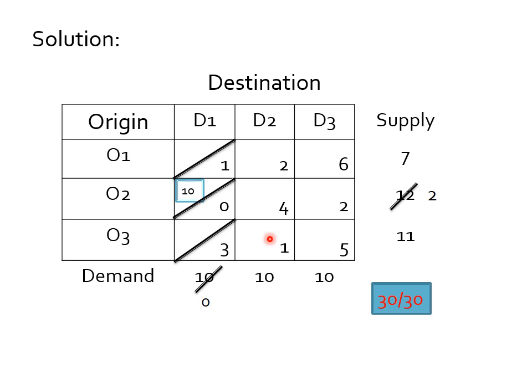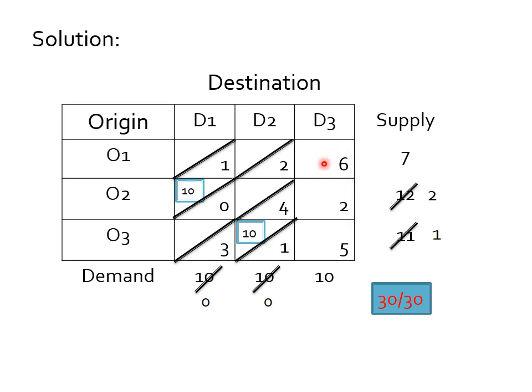For this cell we see supply as well as demand, and whichever is minimum we allocate here. Here demand is minimum, so allocate demand 10. Then the demand becomes 0 and supply becomes 1. Since the demand becomes 0, we strike out the entire column.